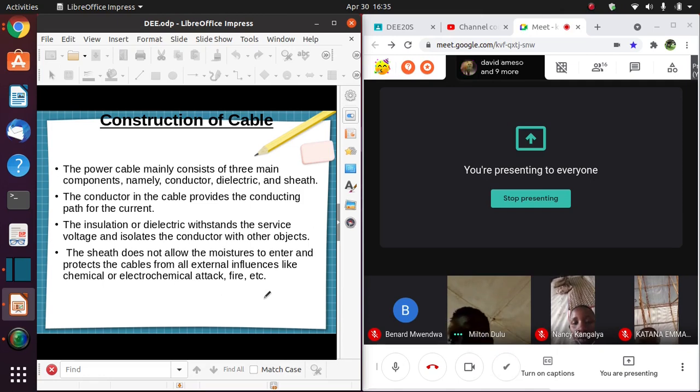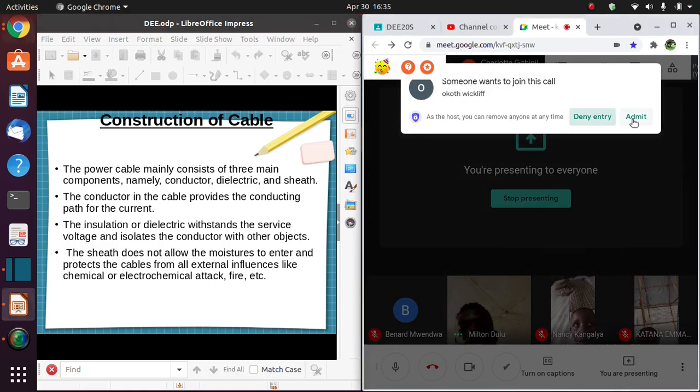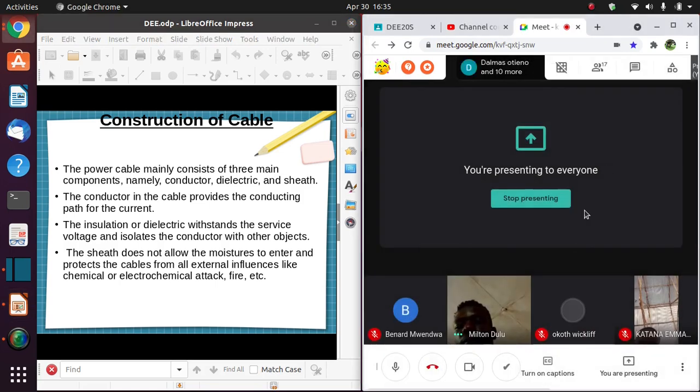Now, the three major components of a cable. For the power cable, there is the conductor. There is a dielectric or an insulator, and there is a sheath which usually adds protection. A conductor is what we use to transmit the power, the current, from one place to another.